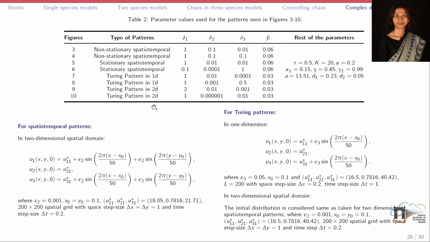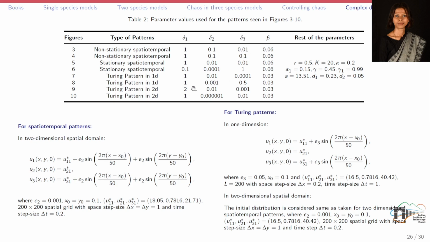Here we fixed all the parameter values as shown for the simulation, and we were changing the value of the diffusion coefficient in the three populations, that is prey, middle predator and top predator. The diffusivity coefficient in the prey population is delta 1, in the middle or intermediate predator it is delta 2, and in the top predator it is delta 3.